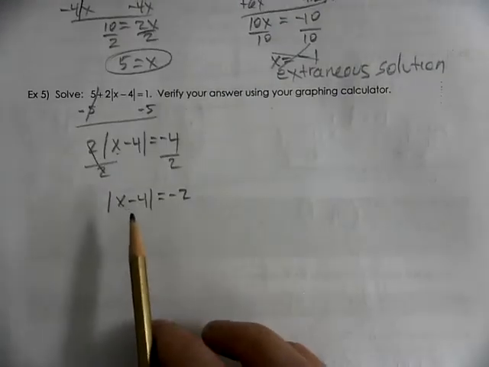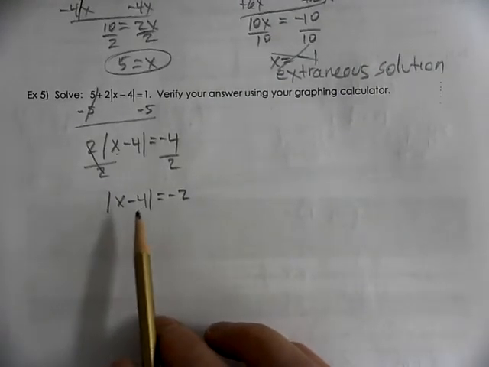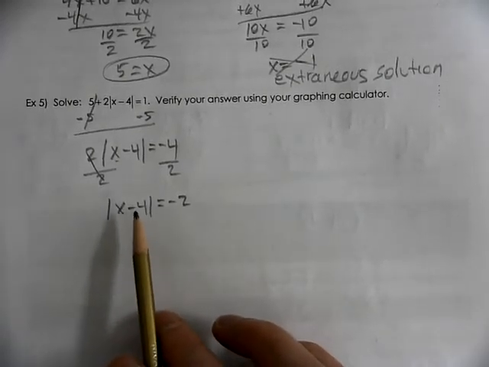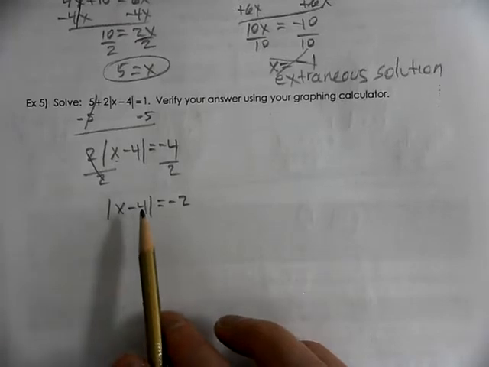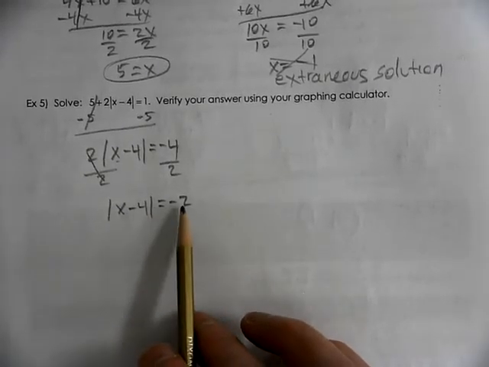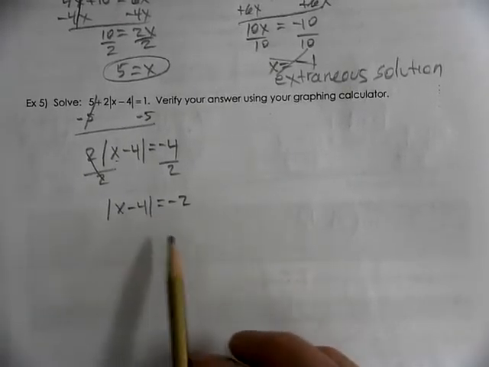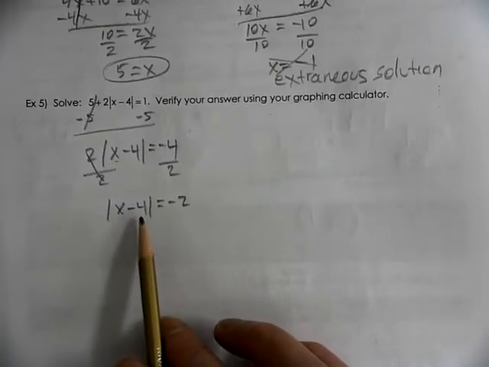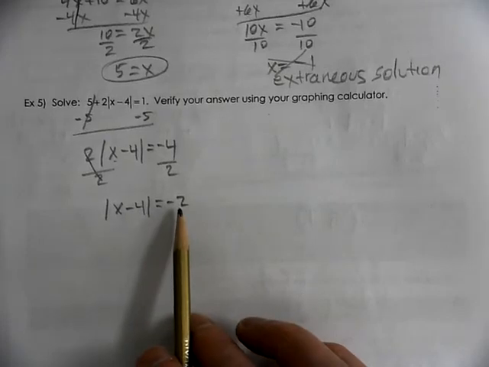We know that the absolute value is always going to be a positive result. So if here we see that we get an absolute value that equals a negative, we see that there's no real solution. This isn't going to happen. This absolute value is never going to touch this spot.